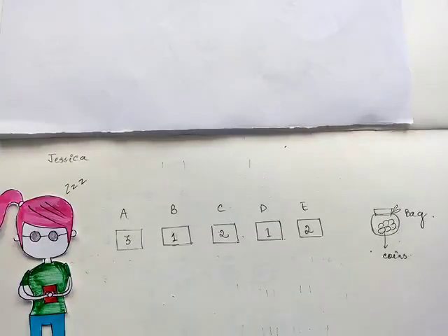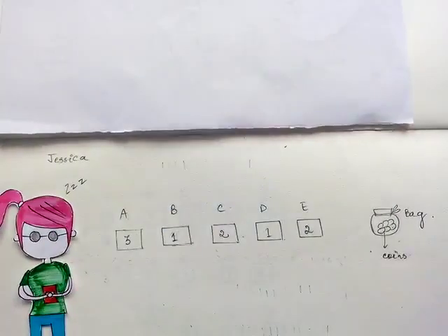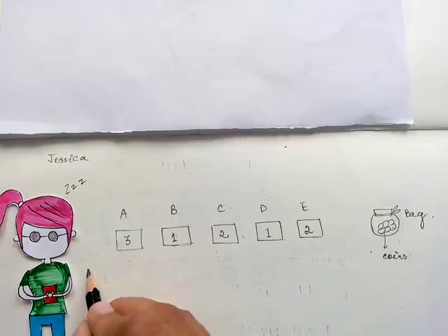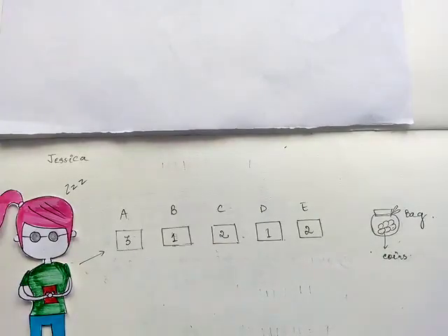So what she does, she uses teamwork. Now let us see how we can use the teamwork. Jessica asks person A, hey, could you please count the number of coins for me? Person A thinks for a while and says, I have 3 coins and let me just ask the rest of the people how many coins they have. So person A is using teamwork.